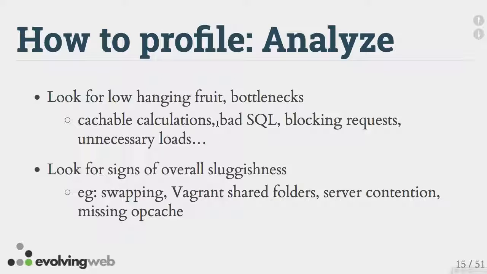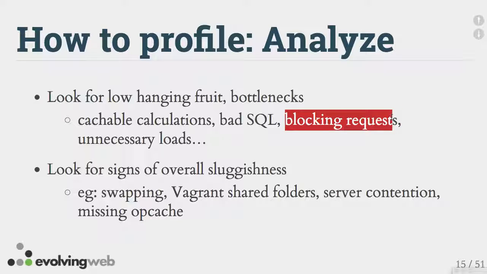We find that typically there's some code that generates and renders a whole menu on every page that could easily be cached, and that's a typical low-hanging fruit. You might be able to save three quarters of your rendering time. You might have SQL queries that don't do a proper join, so there are 50 queries instead of one query that does everything.